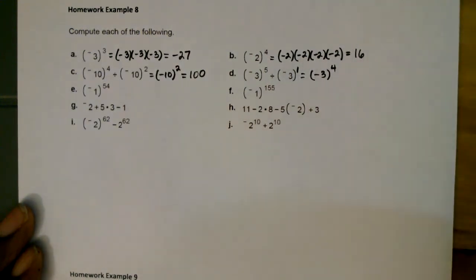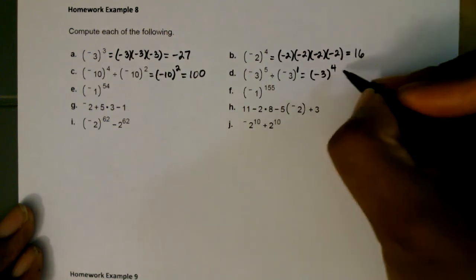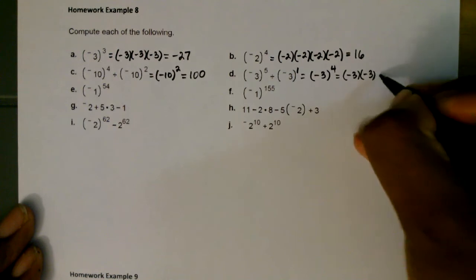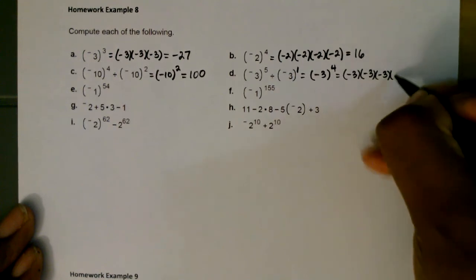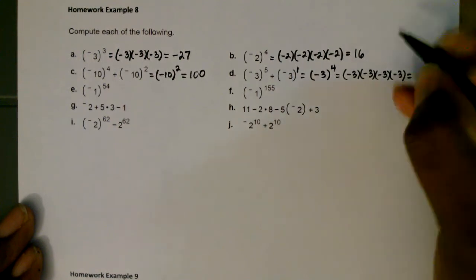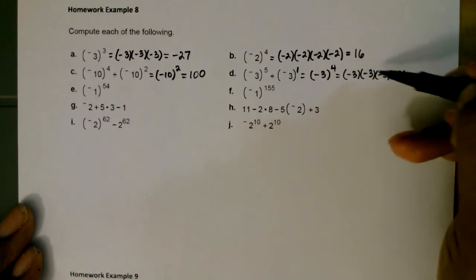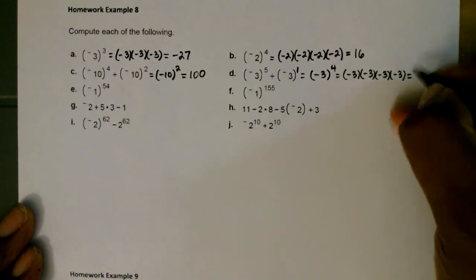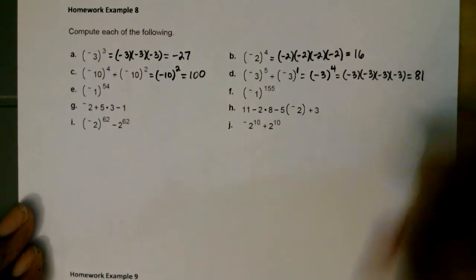So that'd be negative 3 to the 4th power, which is written out as negative 3 times negative 3 times negative 3 times negative 3. Well, 3 times 3 is 9 times negative 3 will be negative 27. Negative 27 times negative 3 would be 81.